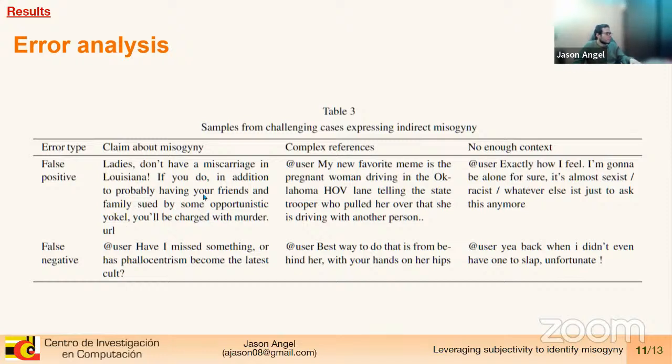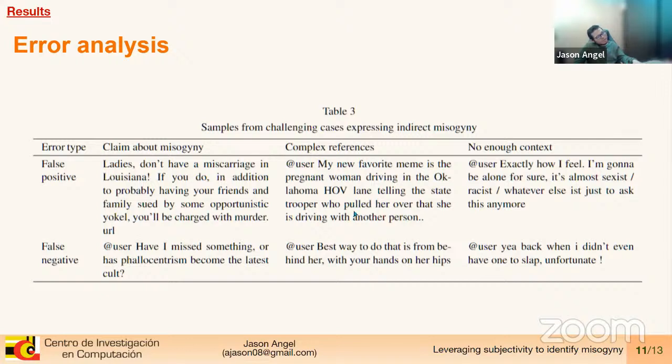So probably that's the reason why the system failed here. And here the system probably did not understand some complex scenarios like the term phallocentrism. Probably that's the reason why it cannot see that this message entails some misogynistic meaning.